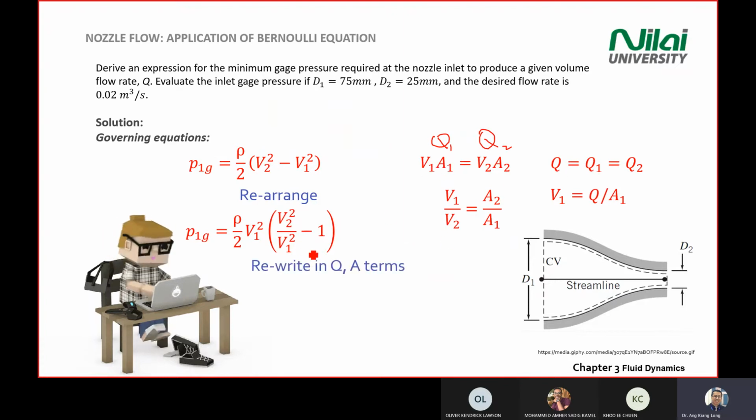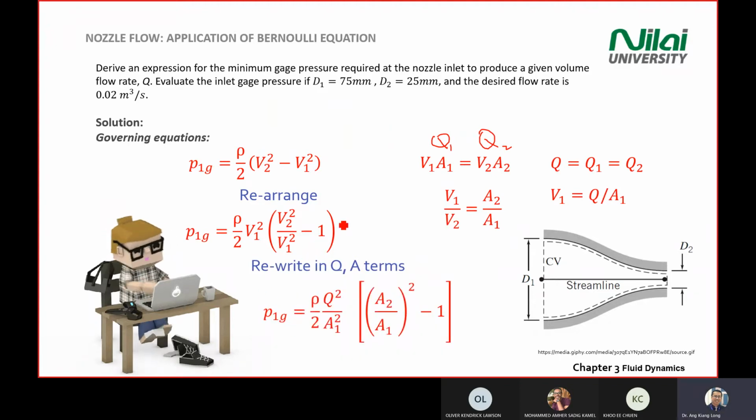Then you substitute back into this equation to write it in the Q form. So it will take some time to understand from this stage to this stage. It's just a rearrangement of your mathematics equation.